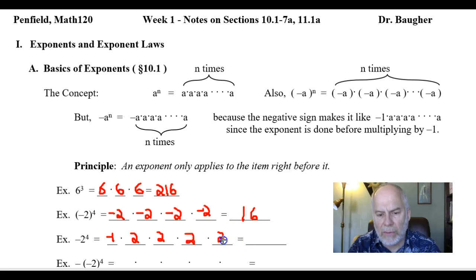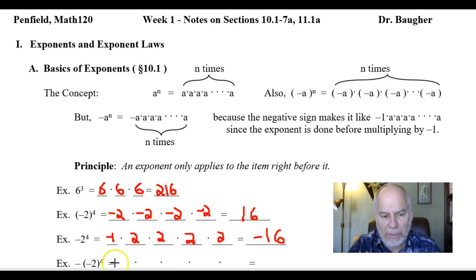So 2 four times gives you 16, and then times negative 1, so this is negative 16. You can see that it's different, and if you don't believe me, you can try it on the calculator. If you put negative 2 in parentheses, it'll give you positive 16. If you don't put the negative sign in parentheses, just negative of 2 to the 4th, it'll give you negative 16.